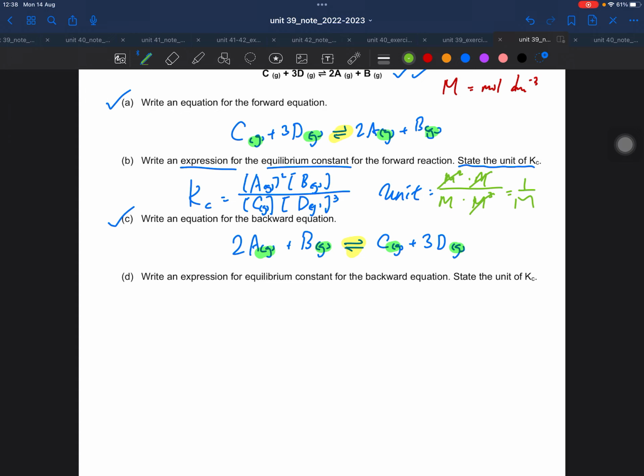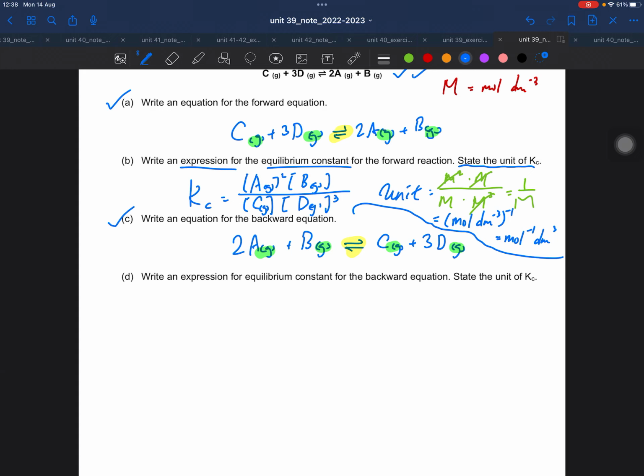So finally, let me write down the answer. 1 over capital letter M is mole per dm cube to the power of minus one, that is, dm cube per mole. I think this is a small trick for you to get the correct unit in a short time. So I recommend this to everyone, okay?